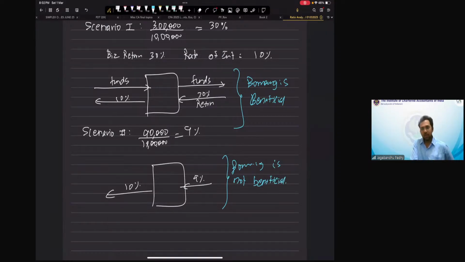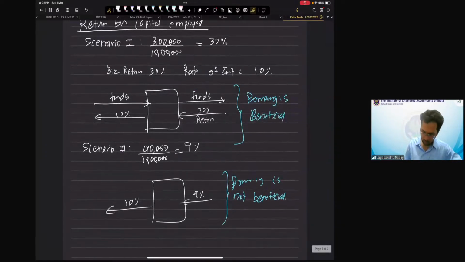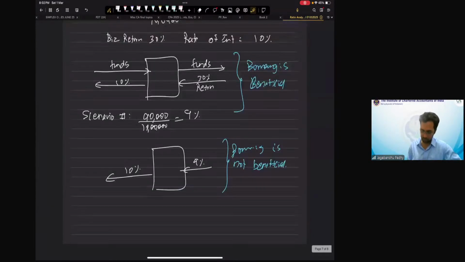Right? So when would taking debt help us in generating a greater amount of profit? Can I say when your return on capital employed is greater than the cost of capital or cost of equity?